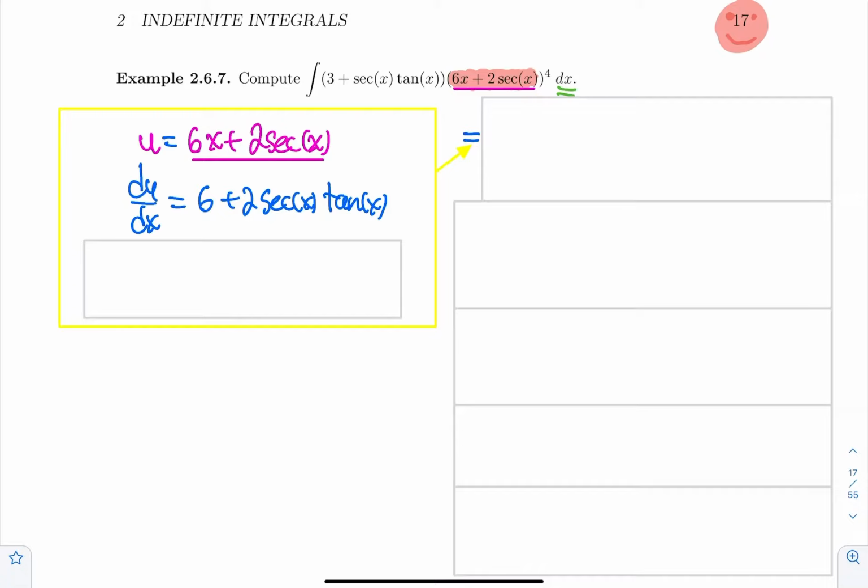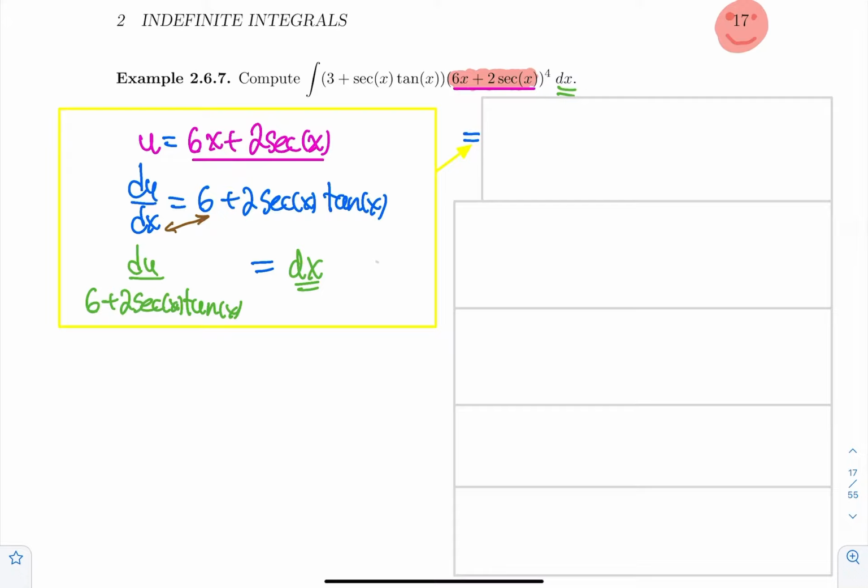Then you isolate dx, so dx equals du over (6 + 2 sec x tan x).